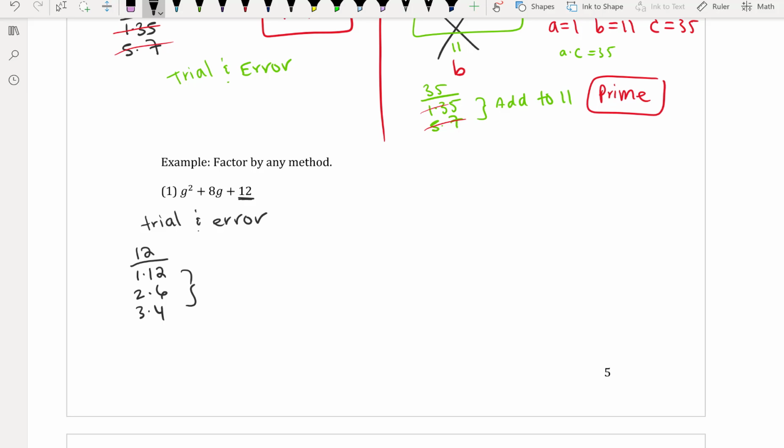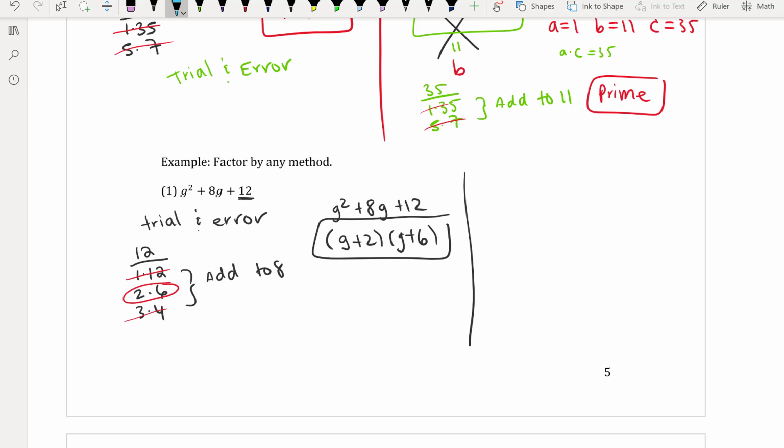So I want a combination that's going to add to 8. The only combination that's going to add to 8, well, it can't be 1 and 12, it can't be 3 and 4, then 2 and 6 will work. So since that's going to work, I know that g squared plus 8g plus 12 is going to factor as g plus 2 and g plus 6.